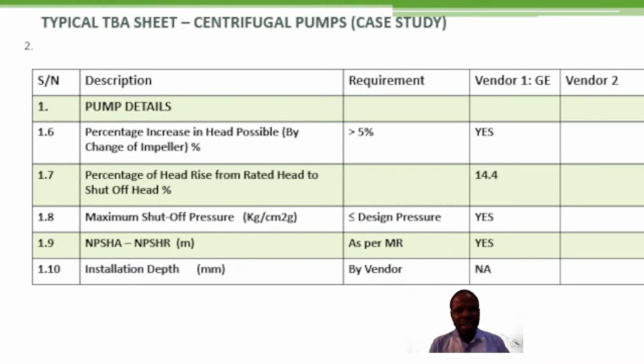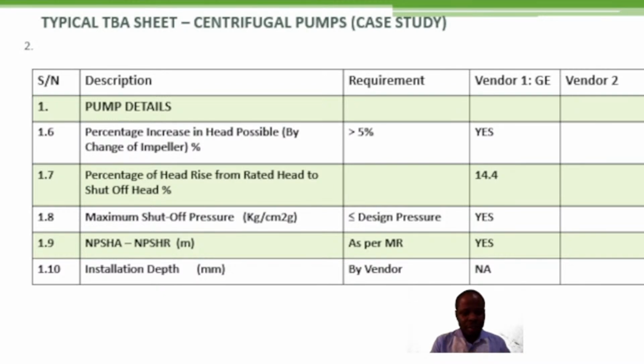How to check all this in the course of some of the trainings? How do you check percentage increase in head possible? This is another area that you have to learn during the technical evaluation, and in some of the videos that have been uploaded on my YouTube channel I've explained how to carry out a thorough technical evaluation of this.